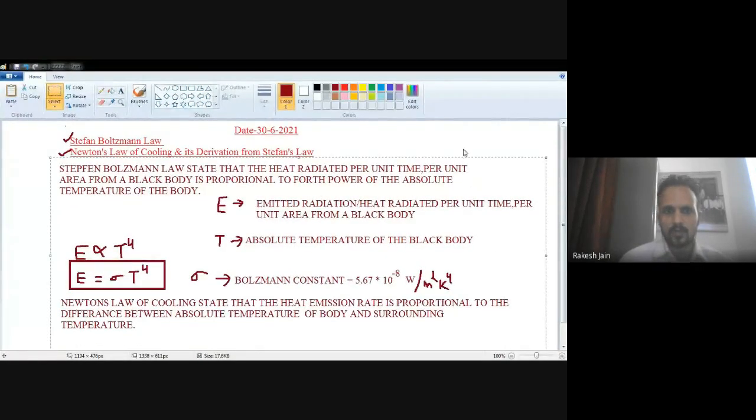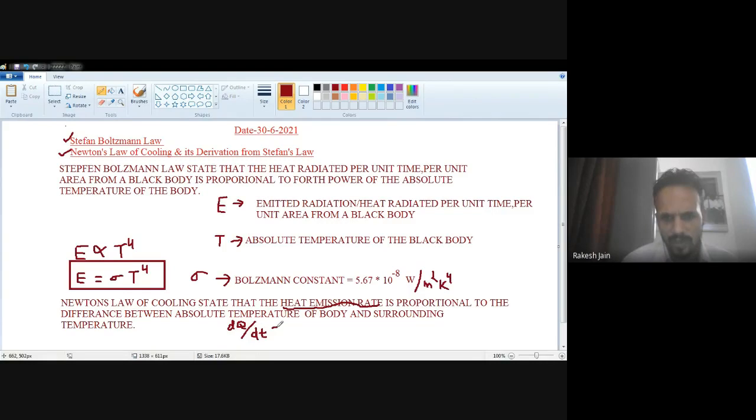So Newton's law of cooling states that the heat emission rate is denoted by dQ upon dt. This is known as heat emission rate, the rate by which the heat is radiated or emitted from a body.